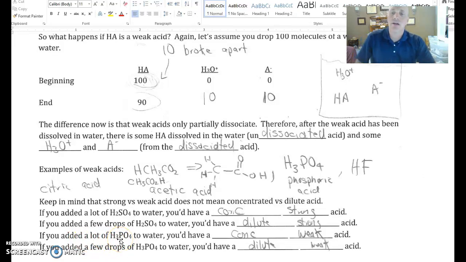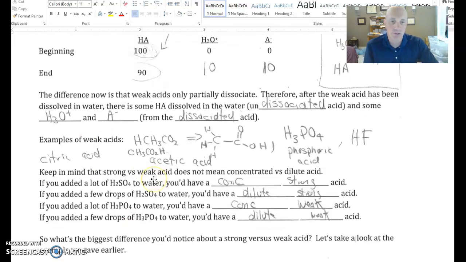If you added a lot of H3PO4, you would have a concentrated weak acid. You cannot make a strong acid by simply adding enough of a weak acid. No matter how much you add, not all of it is going to break apart, and therefore it's not going to be considered a strong acid.